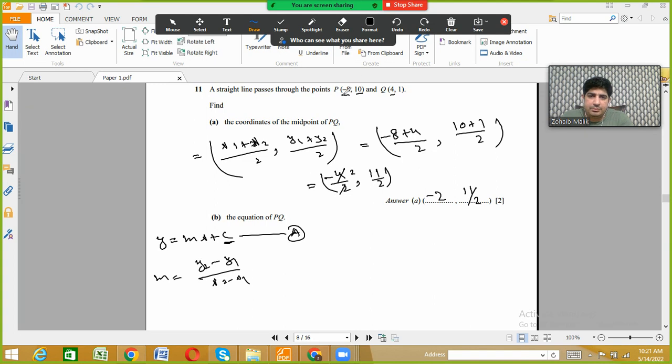So P point is and Q point is here. So this is y2 minus y1, it means 1 minus 10 over x2 minus x1, so 4 minus minus 8. So this is minus 9, because 1 minus 10 is minus 9, over 4 plus 8.